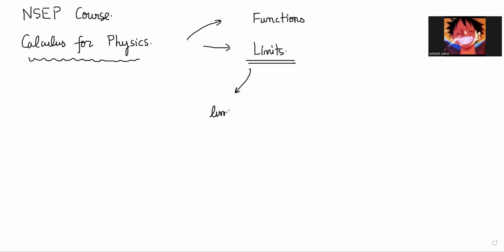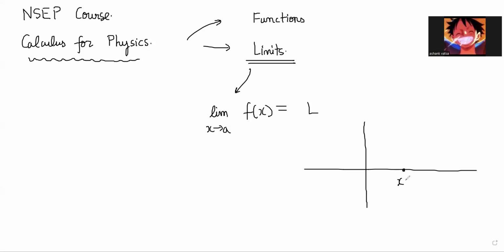We saw, if you say limit x tends to a, f of x is equal to some L, that means that as you approach x is equal to a, the value of the function tends to some value, which is L. This is the graph of the function as you approach x is equal to a from the left side or from the right side. Both times the function value tends to the same value, L. So if the tendency is the same from both sides, we say that the limit exists, right?